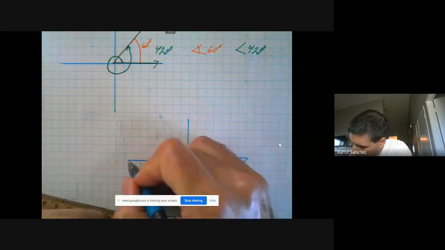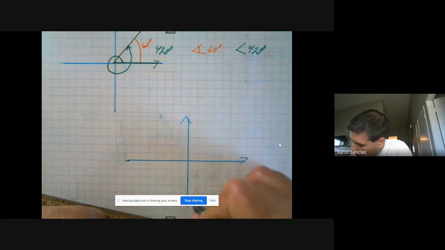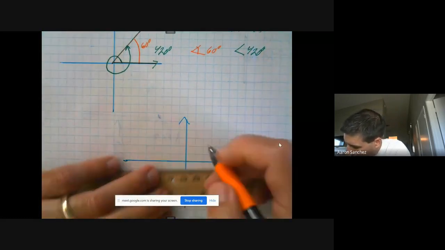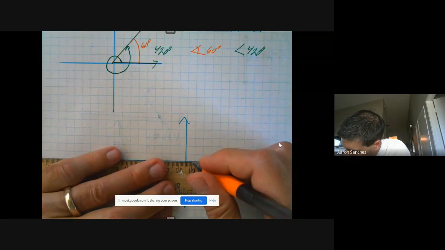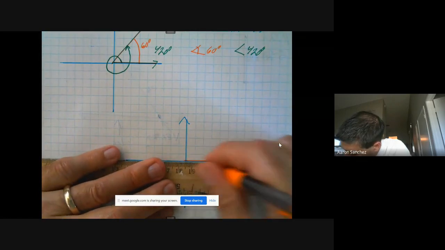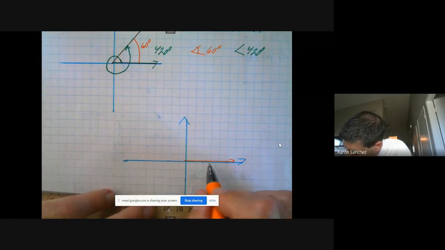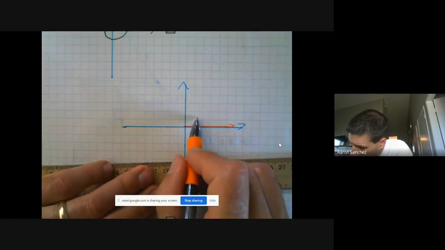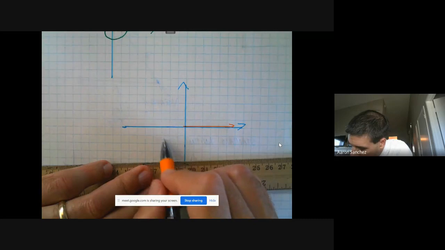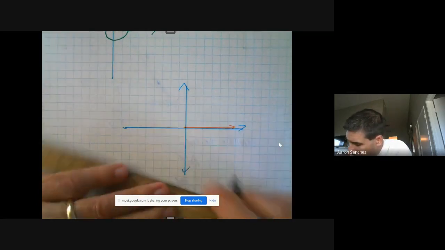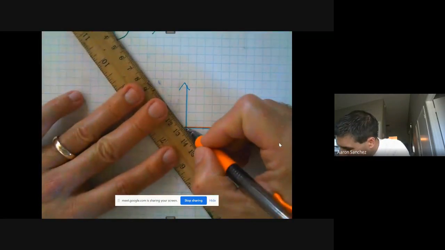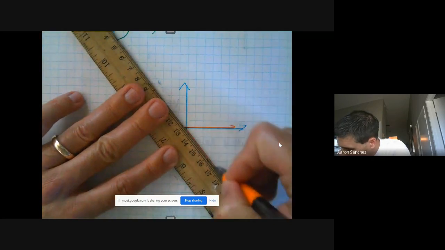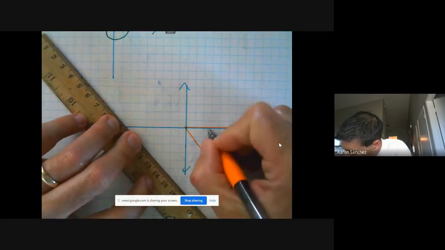Now, let's say I have an angle. Instead of going in that direction, okay, watch carefully. Instead of going this way, let's say we go this way.